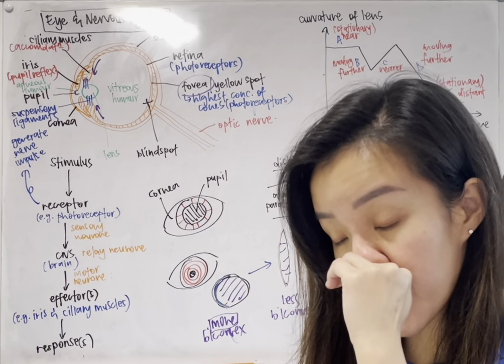Last mark is talking about muscle strain. So again, you must mention so many set of muscles are contracting at the same time. So you say since both muscles are contracting without relaxation or without relaxing for prolonged periods of time.